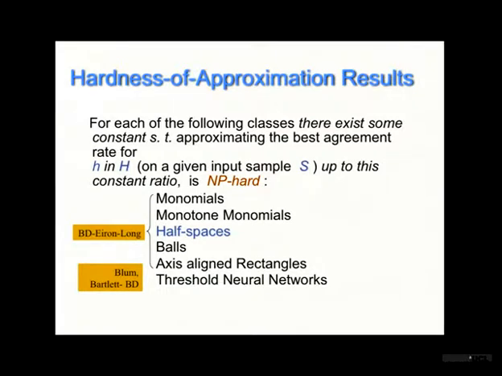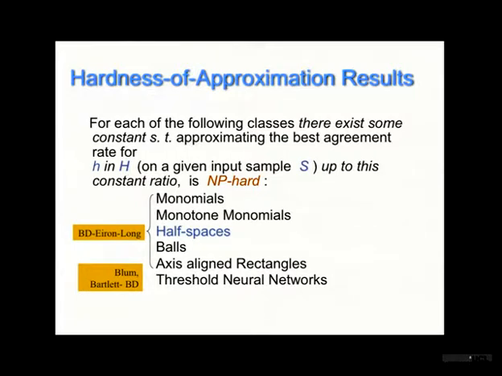For each of the following classes, our optimization problem depends on the class H, where we are searching for the empirical risk minimizer. And for many of those classes, not only are these problems NP-hard, they're also NP-hard to approximate. So for all of those problems, there exists some approximation factor epsilon null such that it's NP-hard to approximate beyond this epsilon null.